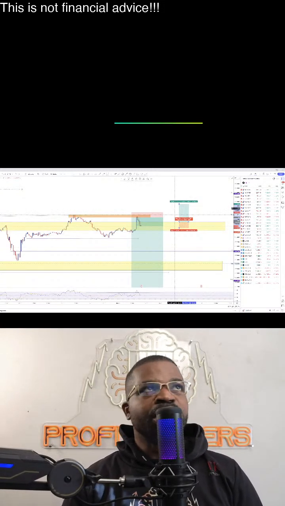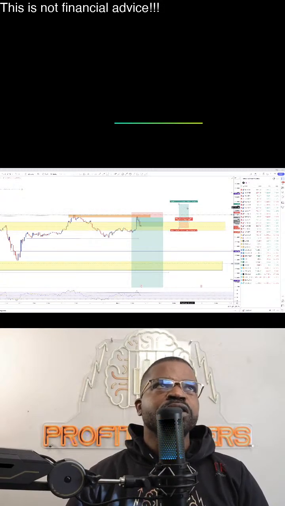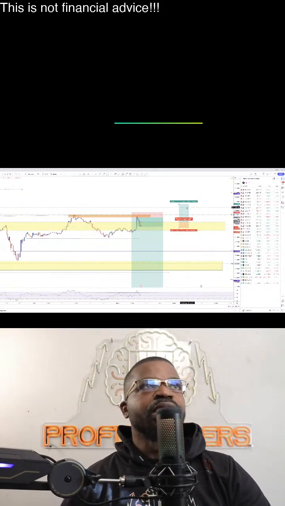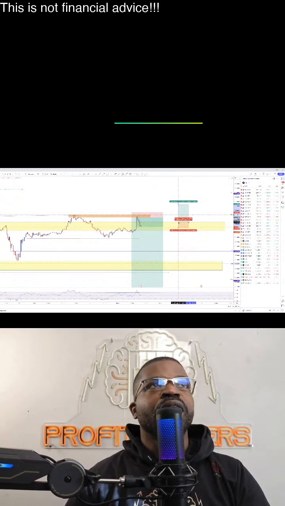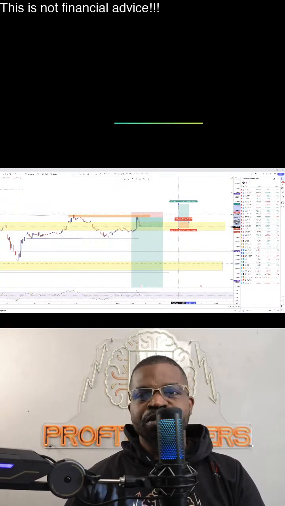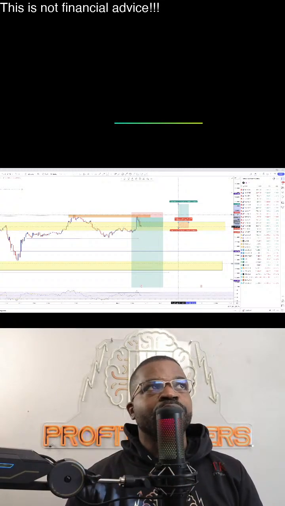So it's nothing going on with the chart. It's just a little user error. So the way to make sure that it's 1 to 3 is to make sure that the profit margin, the stop loss to the target reflects that ratio.